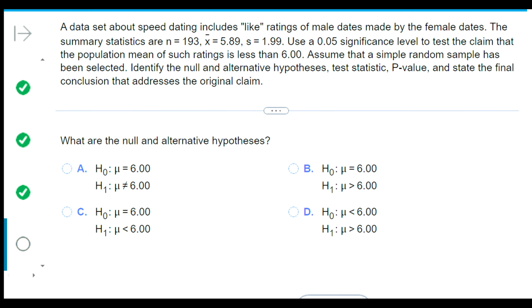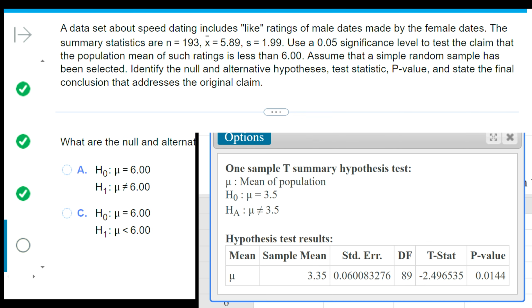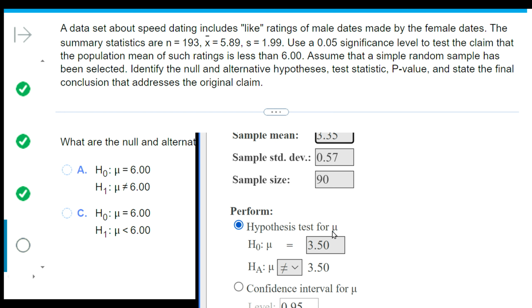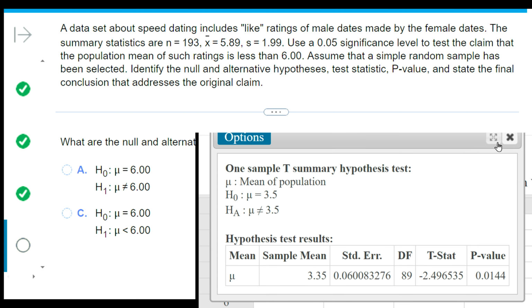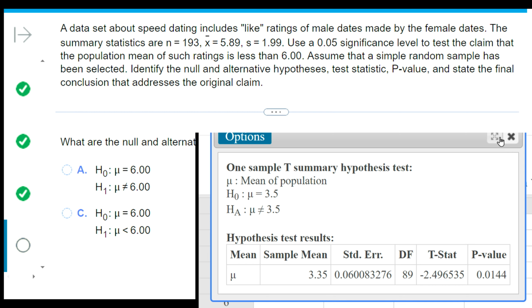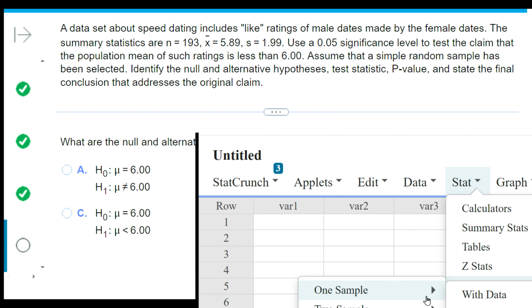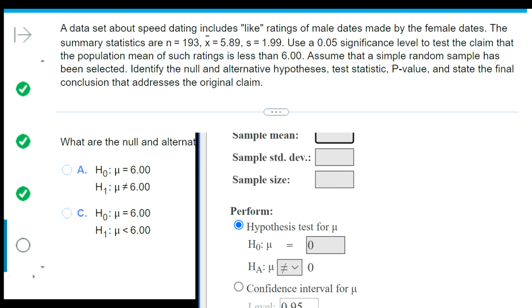Question number 8. A data set about speed dating talks about how the speed dating partner would rate their date. Okay. Here I've just been going to options, edit, and re-editing the thing. If I didn't do that, you'd have to go back to stat, T-stats, one sample with summary.